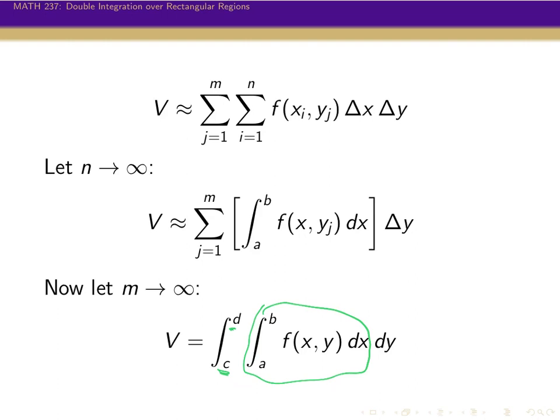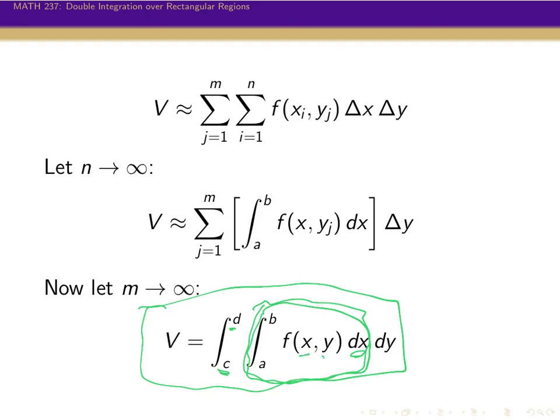Okay. And so, as you can see, when we actually do these, we're going to be dealing with integrals that look like this. And the way this is written, you read these integrals from the inside out. We're going to be doing an integral in terms of x first, where the bounds are x equals a to x equals b.